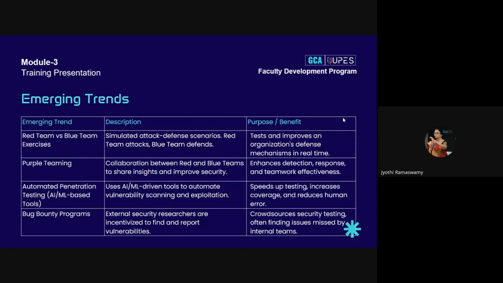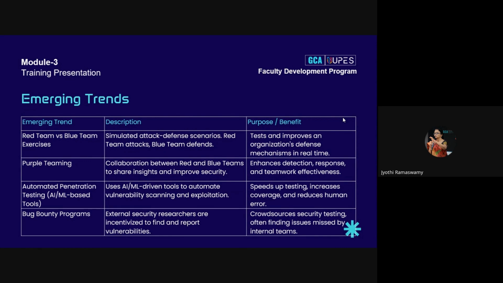So the red team finds out vulnerabilities and tries to exploit. The blue team brings in alternative controls and finds mechanisms to address those vulnerabilities, right? So red team and blue team exercises are two sides of the same test. One tries to push, the other tries to stop pushing, right?